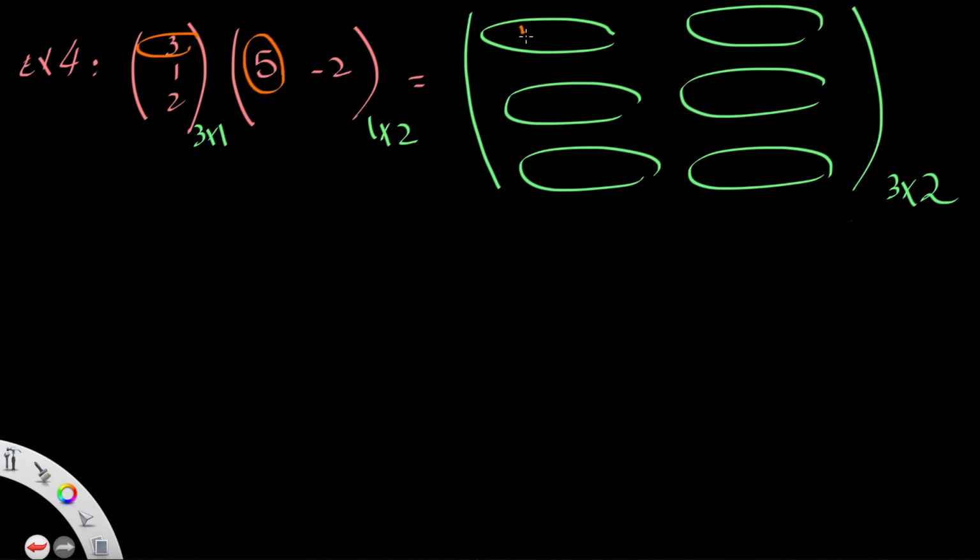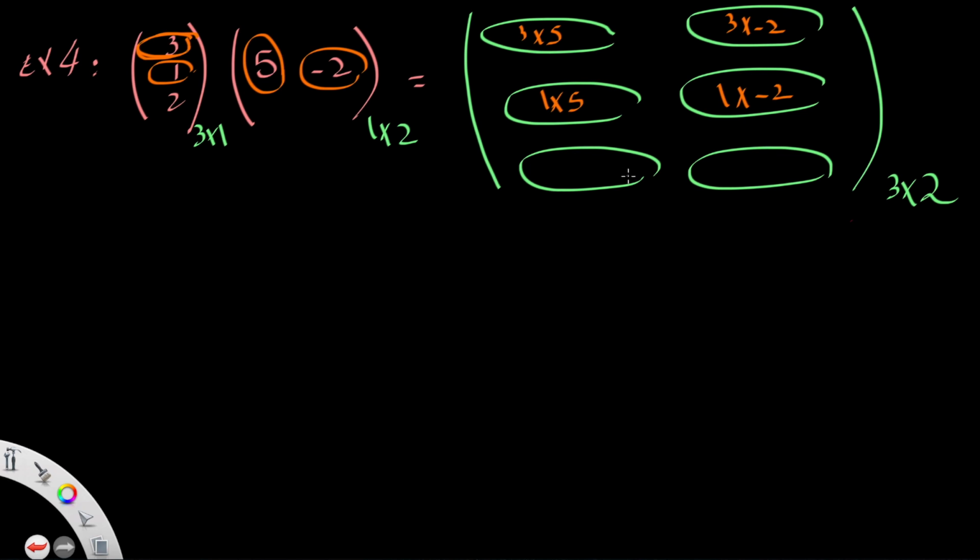So 3 times 5. It is located in the first row, second column. So the first row is multiplied by the second column: 3 times negative 2. It is second row, first column: 1 by 5. Then it is second row, second column: 1 times negative 2.